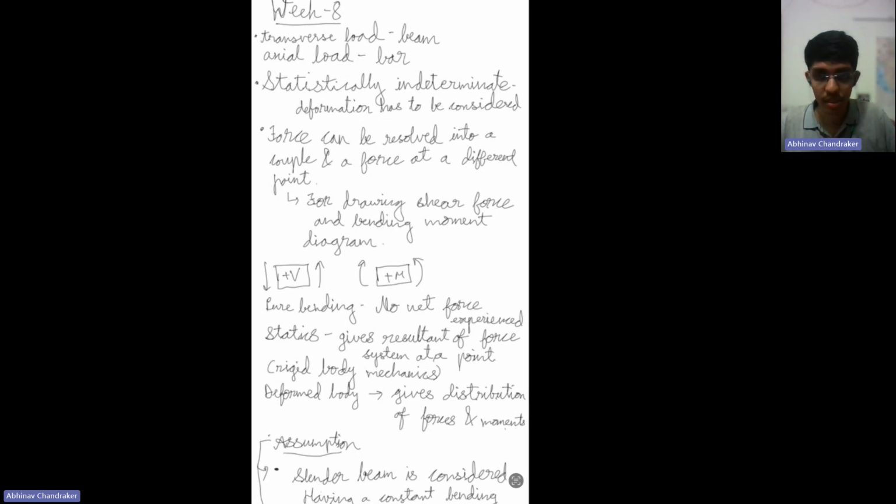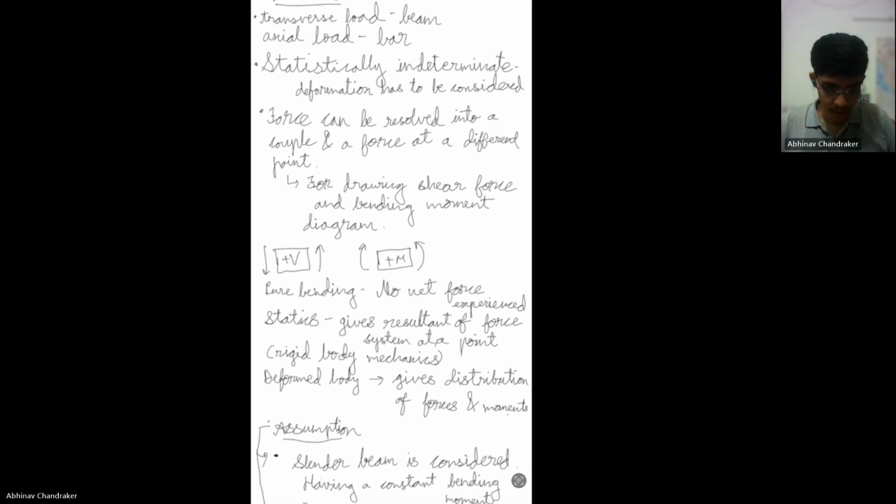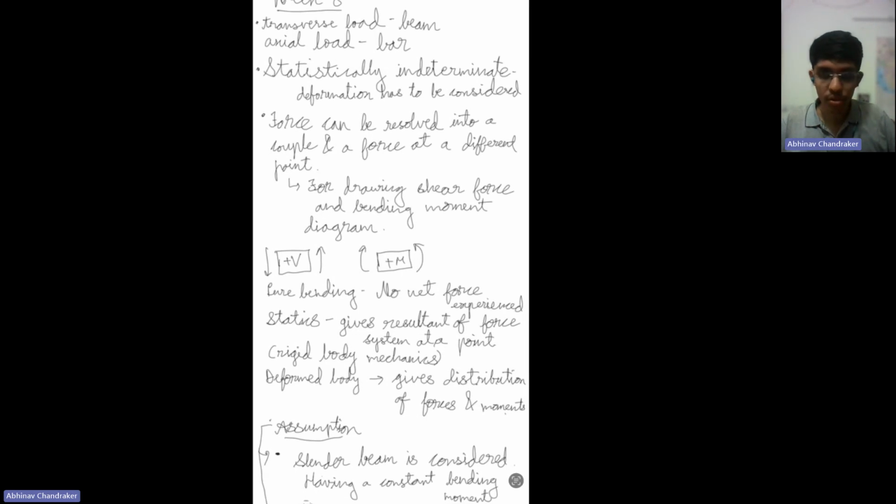And if it's an axial load, that is, along the axis of the member the load is being applied, then we call it a bar. This is just to separate out based on the loading for which the member has been made. And in case it is torsion, we call it a shaft, for example, ones which are used in some kinds of pumps or motors.